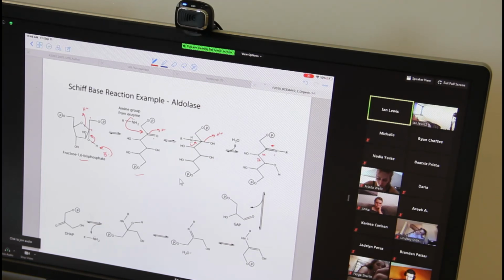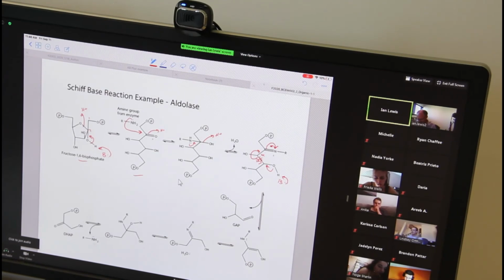So you have something like that Schiff base reaction where this happens and then this bond breaks. And where do those electrons go? They go right here. And how do they do that? It's because they can resonate back onto the nitrogen. And then you end up with this nitrogen here ending up right here.